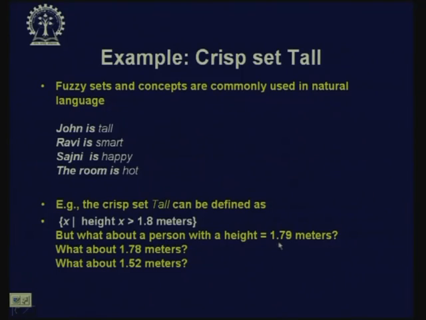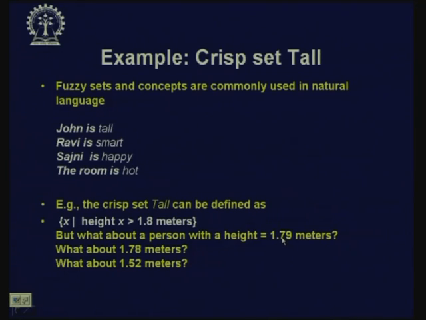Fine, but such a crisp definition of tall puts us in trouble, because what about a person of height 1.79 meters? What about 1.78 meters? What about 1.52 meters? Obviously, logically you will think that if 1.8 is in the set tall, we should not be so cruel to 1.79.